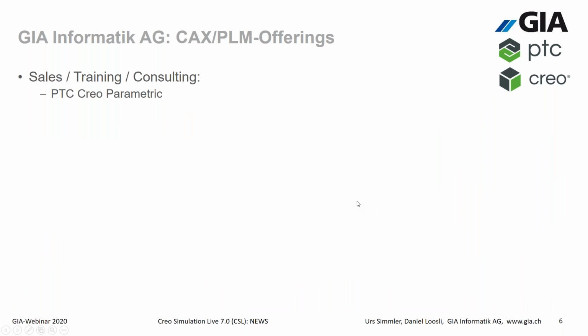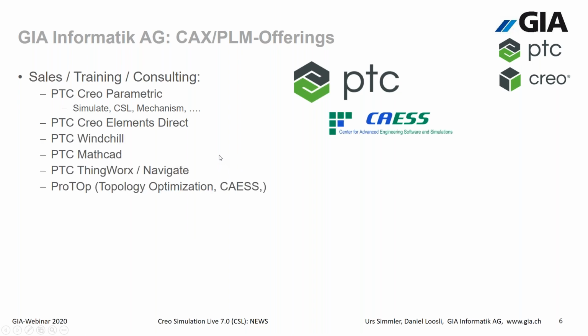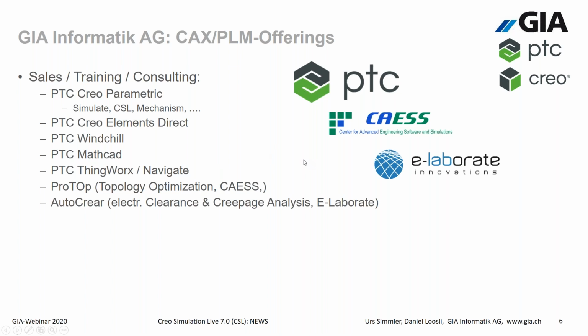So we offer sales and training for PTC Creo Parametric, including all the simulation tools, Creo Elements Direct, the older CoCreate products, Windchill, Mathcad, and so on. And from partners like CAESS, we have additional products for topology optimization.